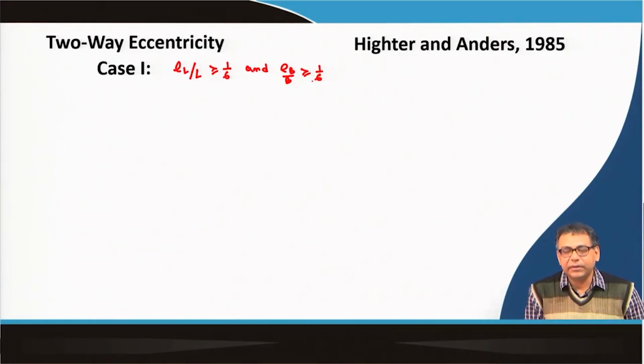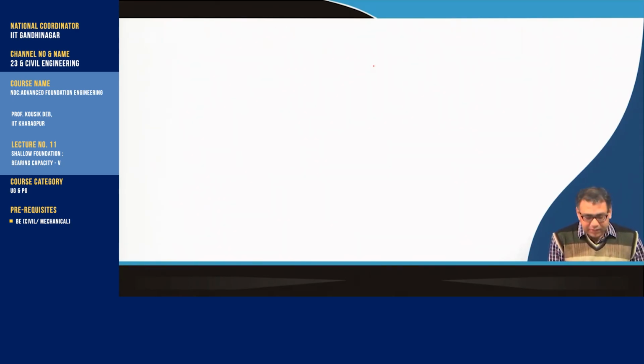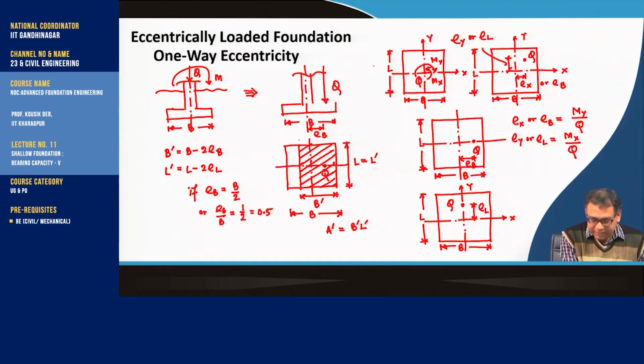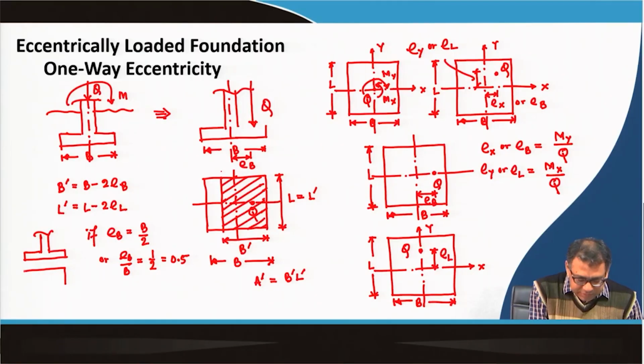Because if the footing eccentricity is greater than 1 by 6, in case of, say, one way eccentricity, then we have to look at the pressure distribution. This is my pressure distribution, because the loading is now eccentric.